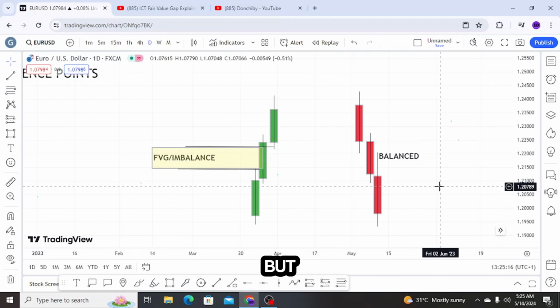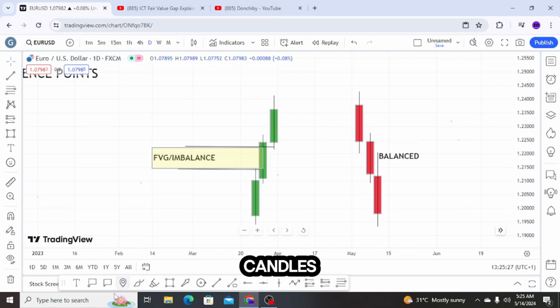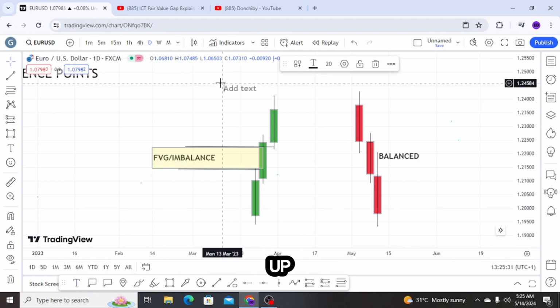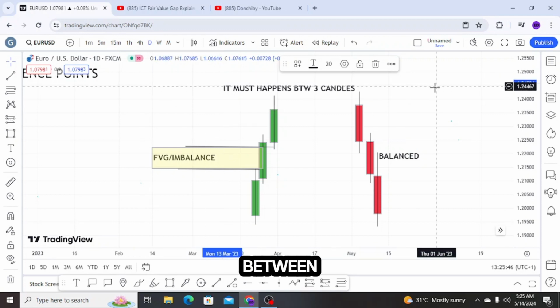But there can be an imbalance in the price action between 3 candles. So let me write it. Whenever I want to identify a fair value gap, it must happen between 3 candles.